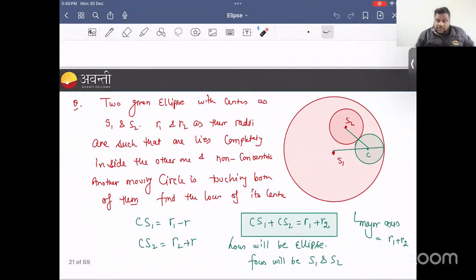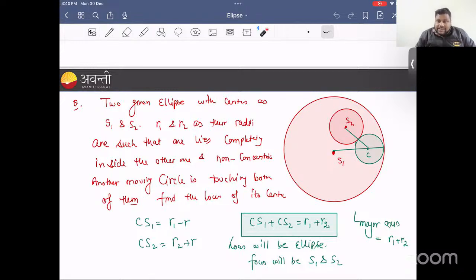CS1 is the radius of the larger circle minus the radius of the assumed circle, that is R1 minus R. Got it? And then CS2 is R2 plus R.